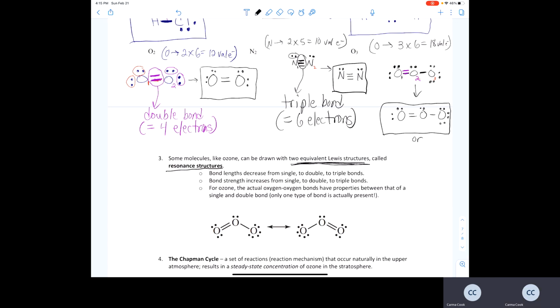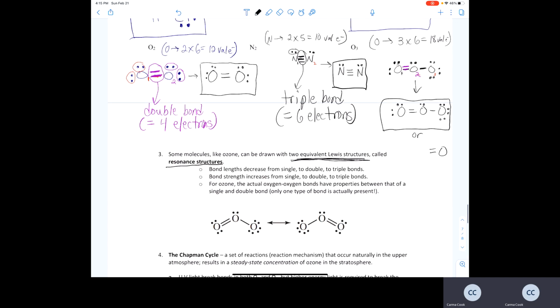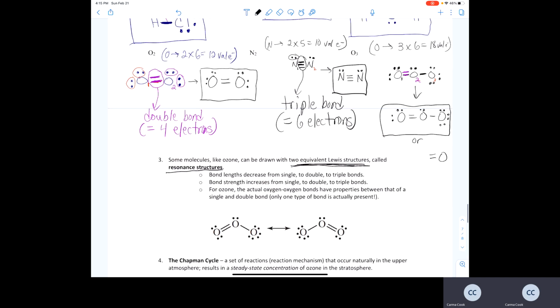So I could have taken 2 electrons away from oxygen 3 and had my double bond on the other side. Remember, this is a double bond shown in purple there. And so my double bond could have been between oxygen 1 and oxygen 2, or it could have been between oxygen 3 and oxygen 2.